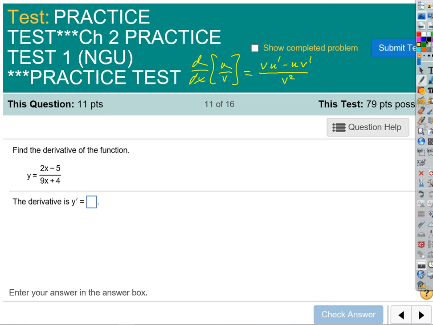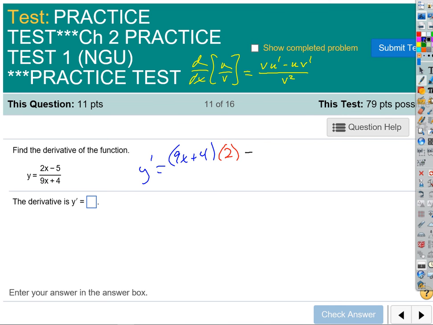So, Katie, what's my u? That's v, yeah, so 2x minus 5. Okay, good. So y prime then equals v, so that's my 9x plus 4, right? Times u prime, what's u prime? 2. I got to get minus, right? Minus this time, okay?